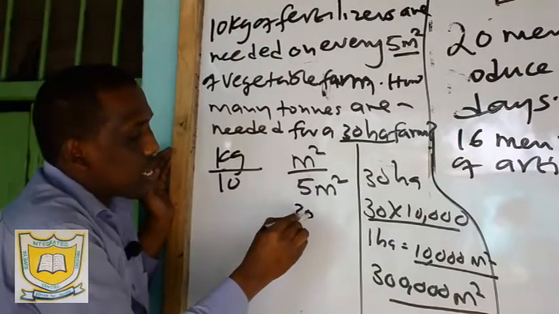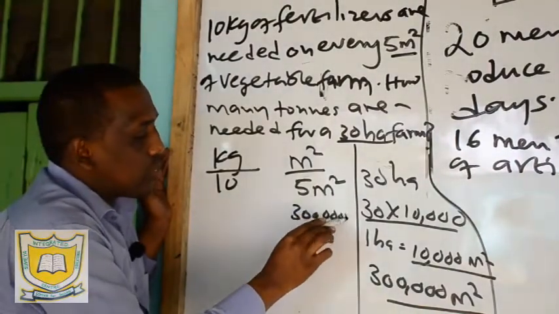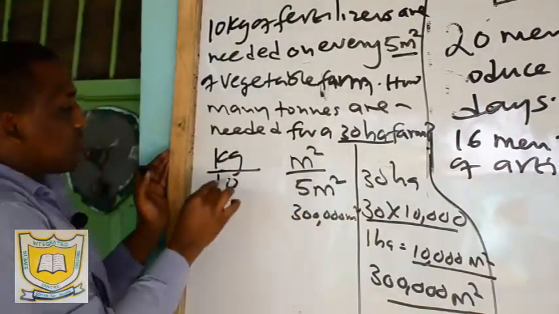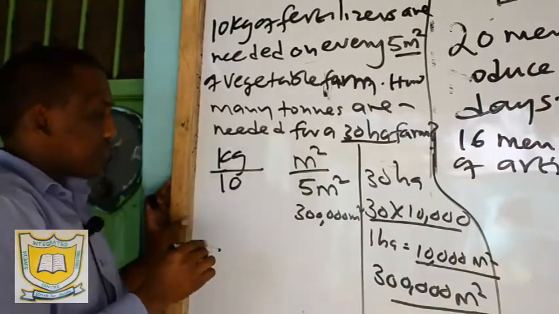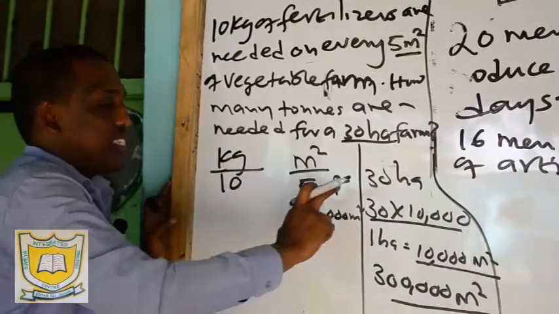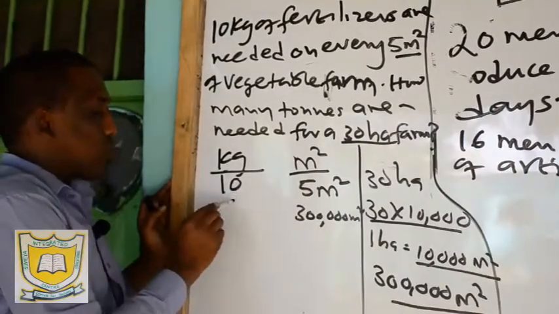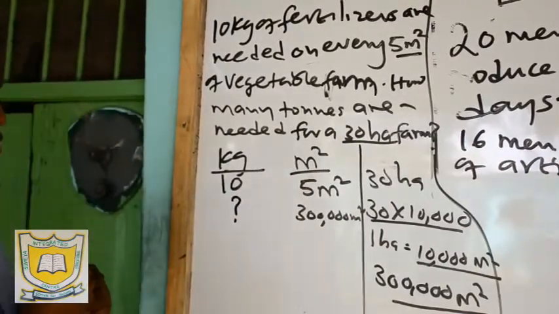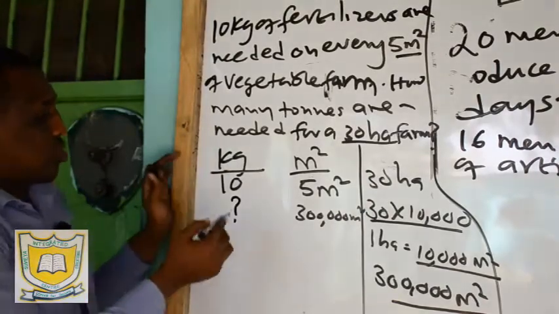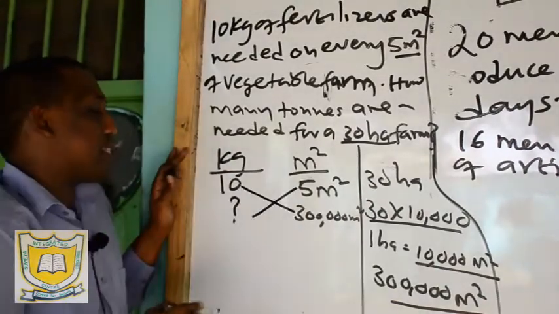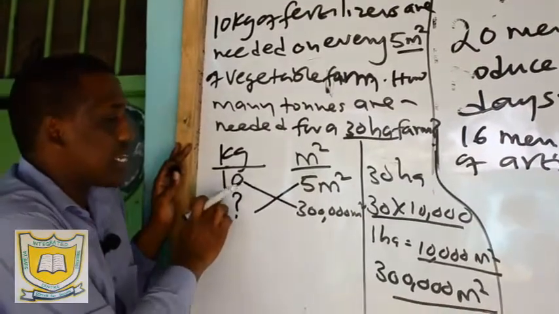So what about 300,000 meters squared? Now, 10 is this. This one, 300,000 meters squared. What about now? How many kgs are there? So what we do, we say cross multiply. This one is a direct proportion. 10 is this.